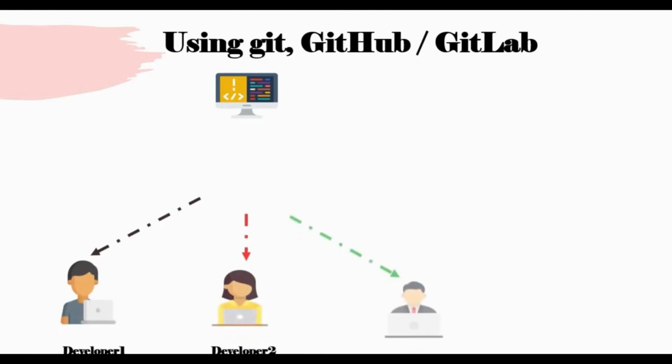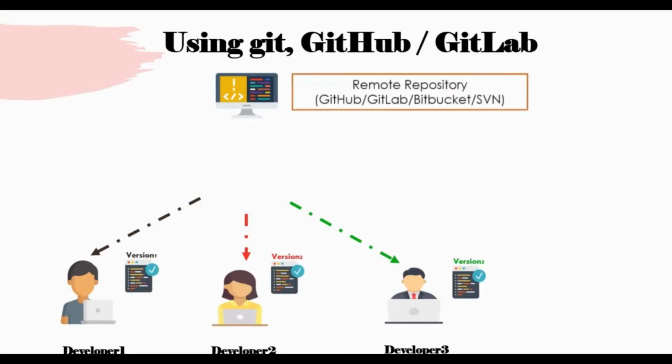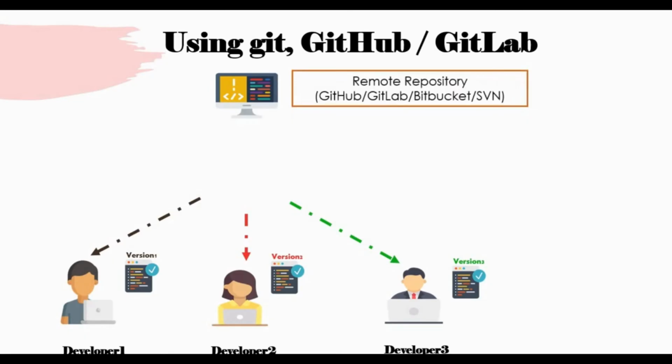Okay, so now again, consider you have a code or product, and you have developer 1, developer 2, and also developer 3. And again, as we mentioned, they have their own versions if they try to make changes on the code. But the difference now is that the source code, or the actual base of the product, is stored on a remote repository, which is GitHub, GitLab, Bitbucket, or Subversion.